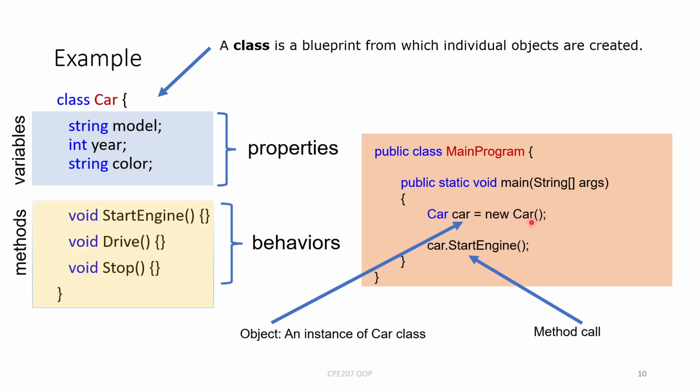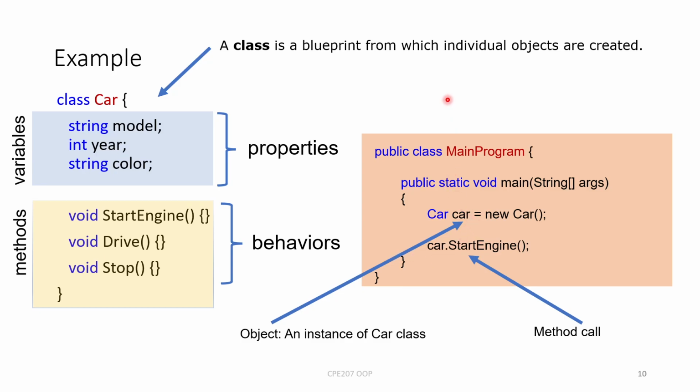This is going to be called a constructor later, but for now, let's keep it like this. We'll talk about this later. New means you are allocating memory for a new object in the RAM. So we create an object. If I want to start the engine, I simply say car.start engine. It will start the engine for this specific car object.